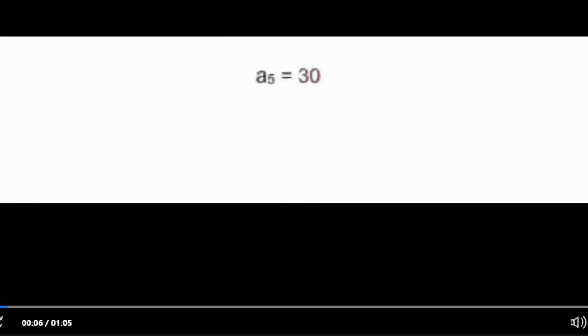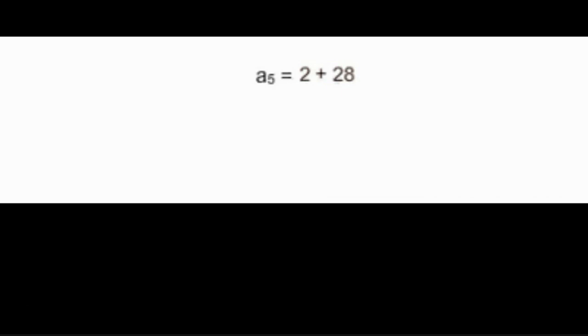The 5th term of the arithmetic sequence is 30. 30 can be rewritten as 2 plus 28. 2 represents the first term in the sequence, which is indicated as a sub 1. 28 is the difference between 30 and 2. 28 can be written as 4 times 7, where 7 represents the common difference between each term of the sequence. 4 is the result of 28 divided by 7.